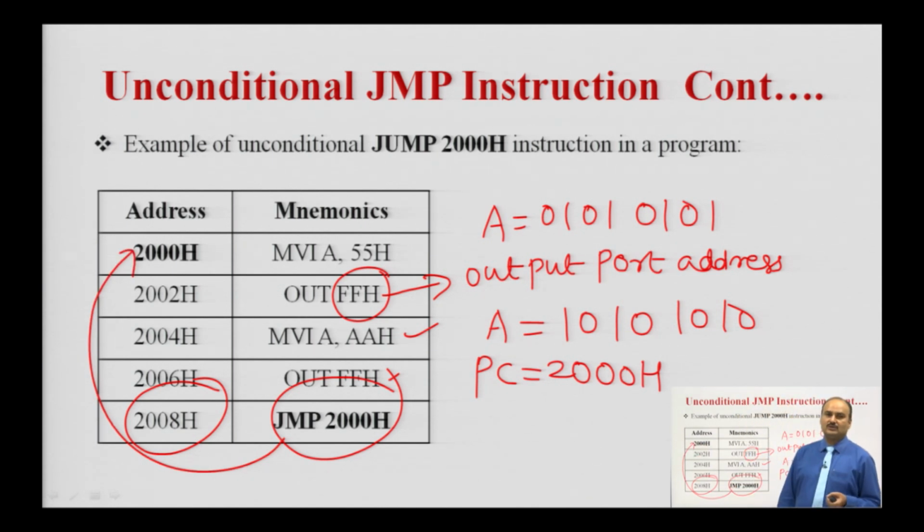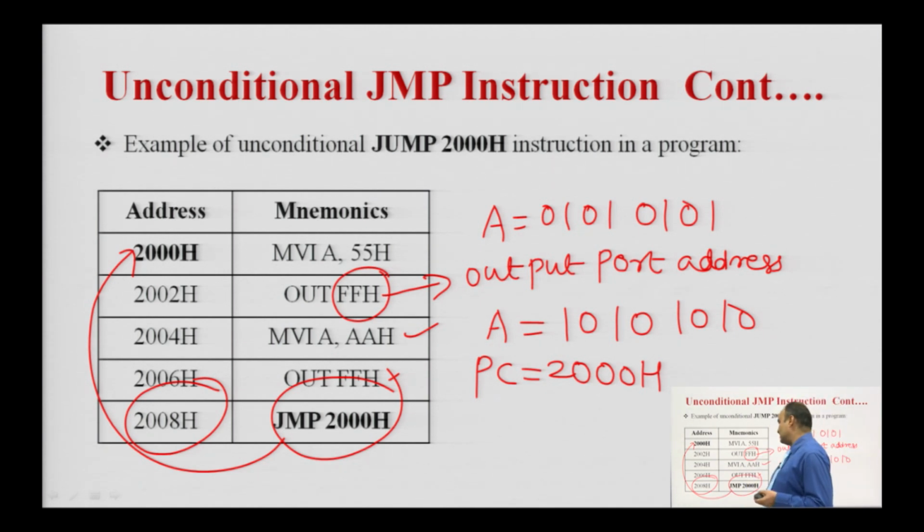At 2000H, the instruction present is MVI A, 55H. Whenever the microprocessor executes this instruction, it will start execution from this location, and again the content of the accumulator becomes 55H. It will send this value to the output port having the port address FFH.